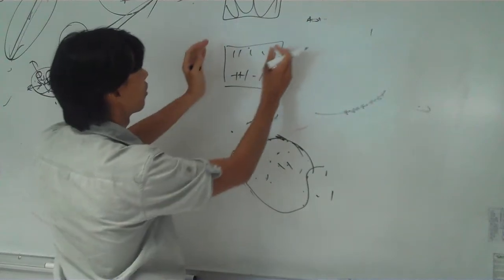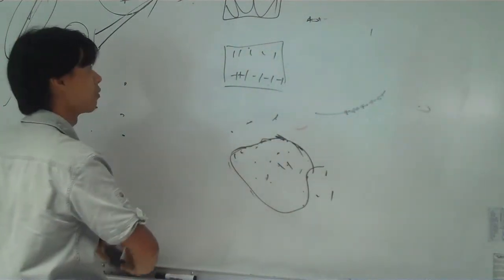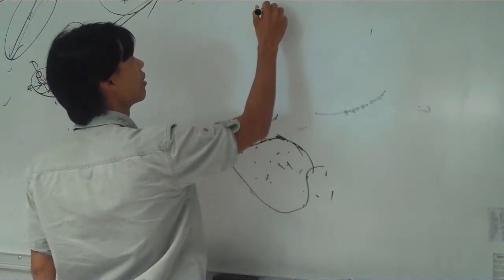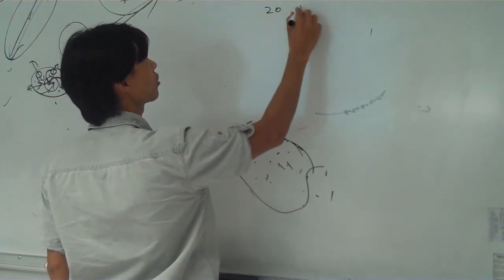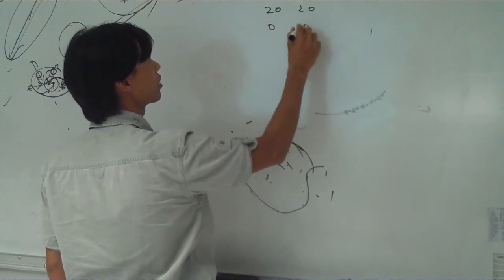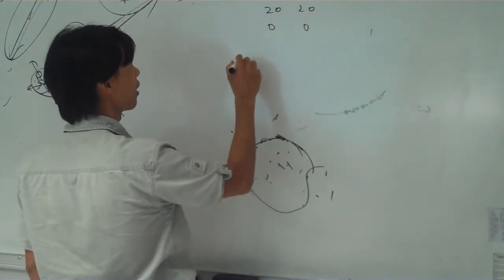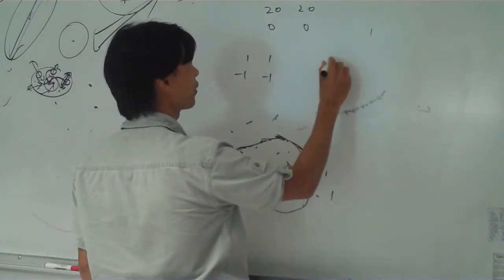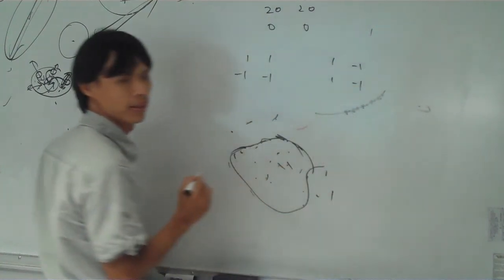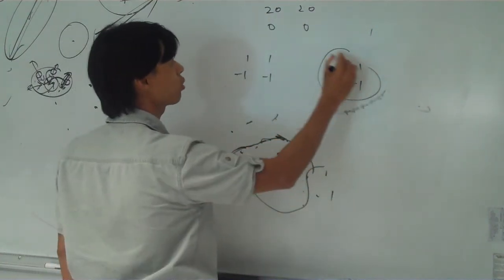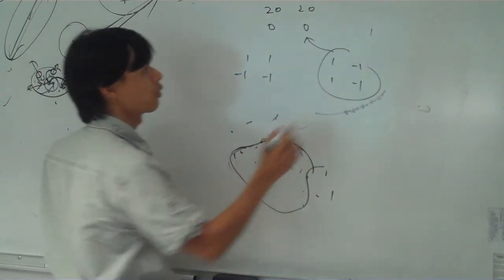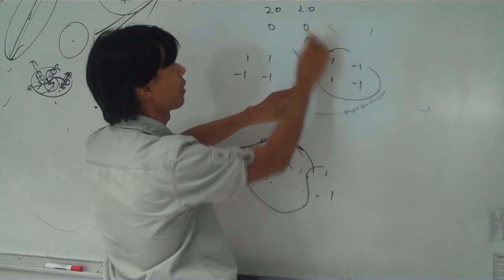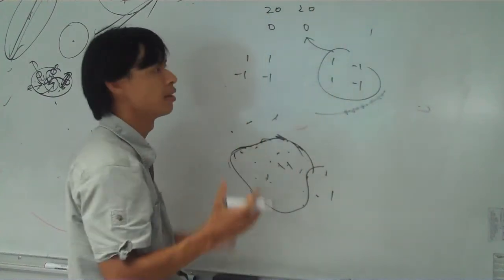Do you mean doing a convolution on the image? Yes. Let's say in 1D, the pixels are like 20, 20, and then 0, 0, something like that. Let's say I use a filter like 1, 1, minus 1, minus 1. When I say apply, I mean I multiply each element of the filter by each pixel and sum them together.